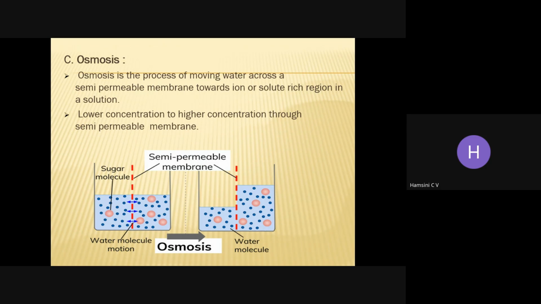Here, the water molecule is an important term. Moving from higher to lower concentration is an important term. Then across a semi-permeable membrane is an important term. So osmosis is a type of movement where water molecules move from higher concentration to lower concentration across such a membrane.